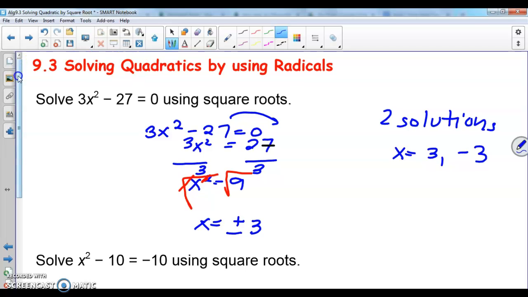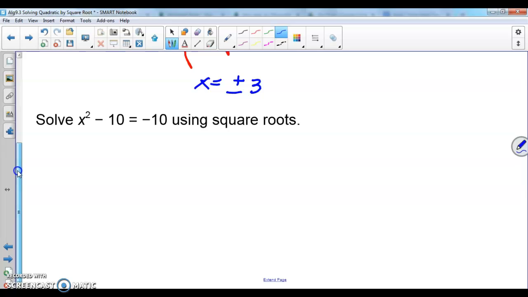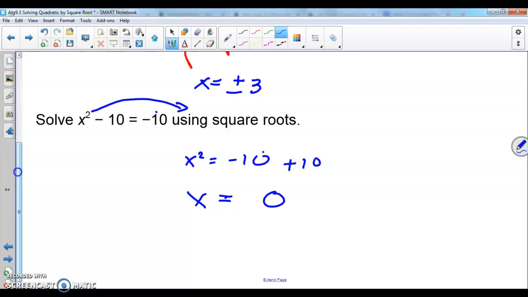Let's look at another example here. By moving 10 to the other side, we'll get x squared is equal to negative 10 plus 10, right? Because here you're moving the negative 10 to the right hand side of the equation. So now you will have x squared is equal to 0, because negative 10 and positive 10 cancel out.